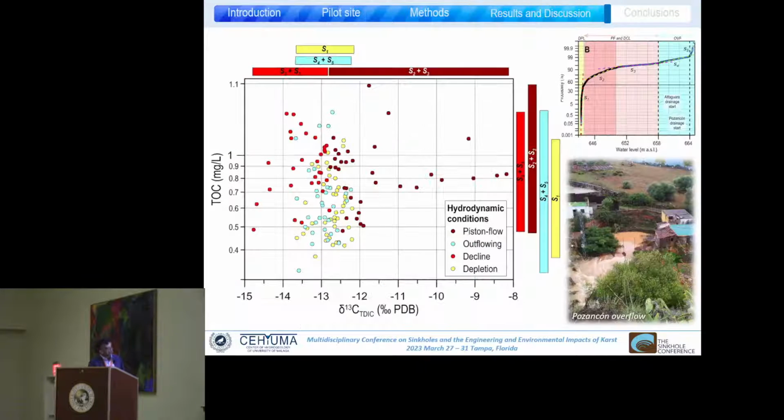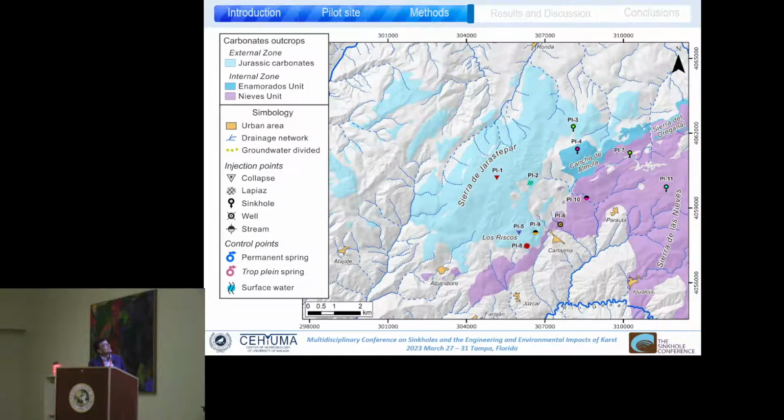However, in that area are located different samples corresponding to the outflow or the overflow period, and also to the moment in which it overpasses the peak of the hydrograph. So we can distinguish the different periods also from a chemical and isotopic standpoint.